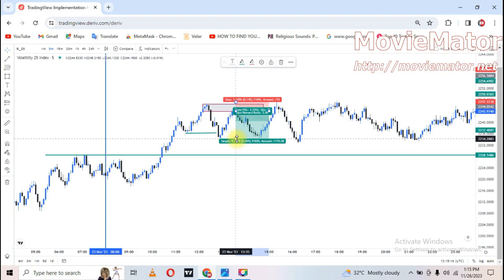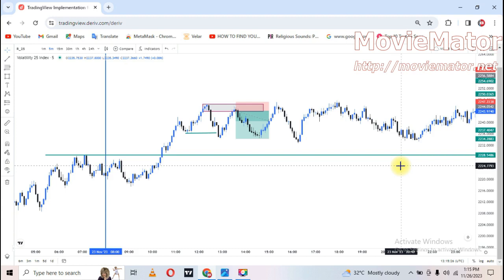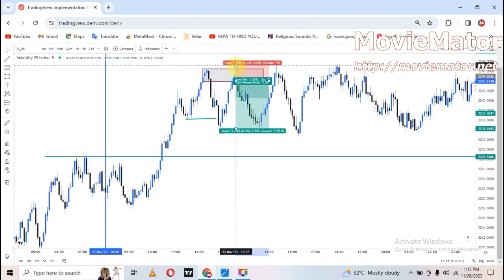You target 3 RR, and you see, I don't think here you would have made it, right? Sometimes it won't go on as planned. If your stop loss was a bit wider, you can see price came very close, came back here. So if your stop loss was so tight, it would have taken you out.